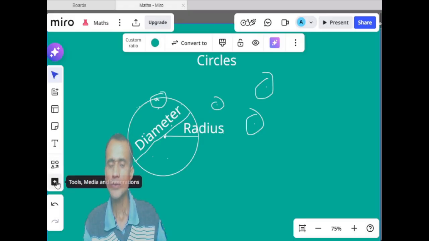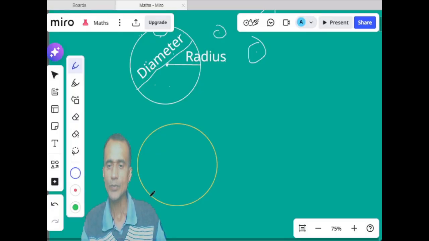Now we go through the concept of chord, secant and tangents. If I take two points on the circle, let us suppose point A and this be point B, and I join these two points, then I get a chord.